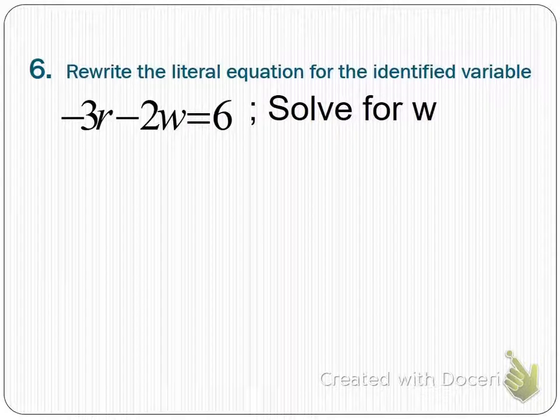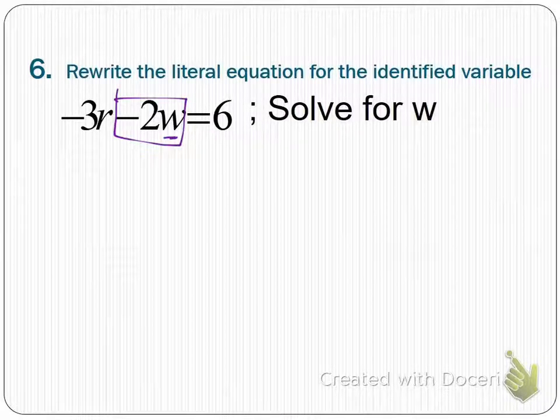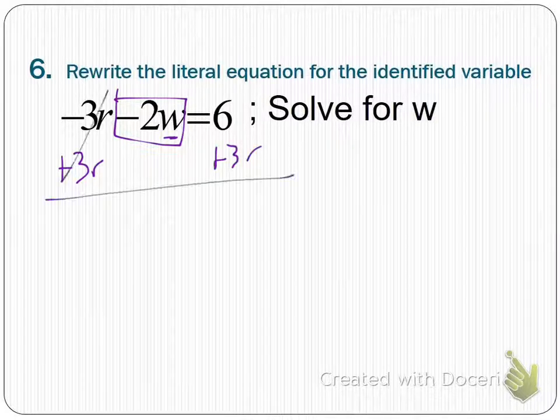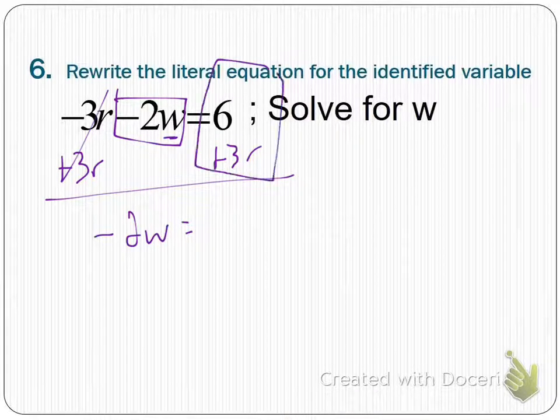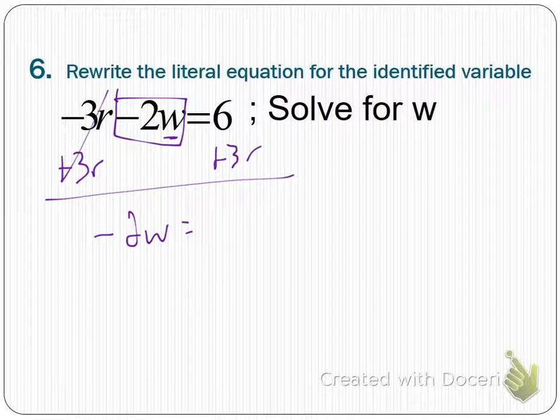Identify the variable you have to solve for, w. Put a box around that term, and then undo the terms around it, right? We want to get rid of this negative 3r by adding 3r to both sides. That gives you 0. We get negative 2w equals, again, you cannot combine the 6 and the 3r and get 9r.